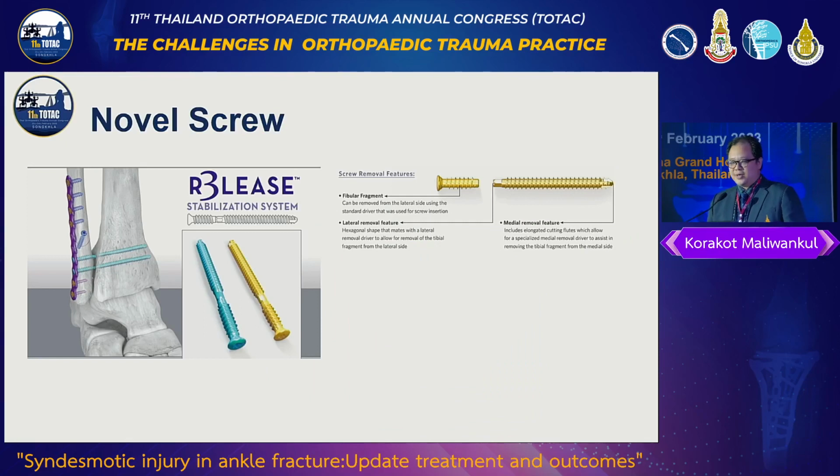In the case of the screw, we have a novel screw too. You know the screw sometimes can break, so they designed the screw to break at a defined point so it's easy to remove. The result looks interesting.